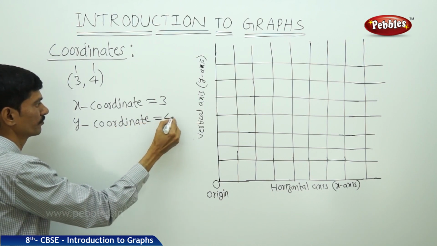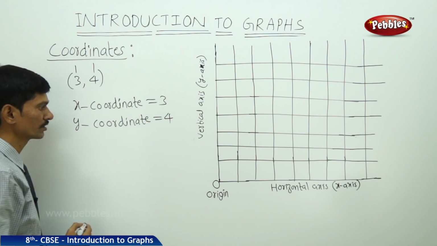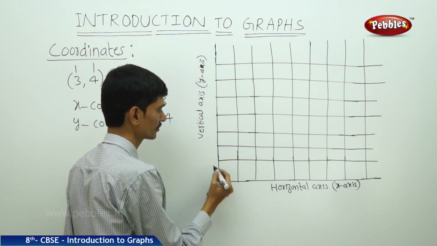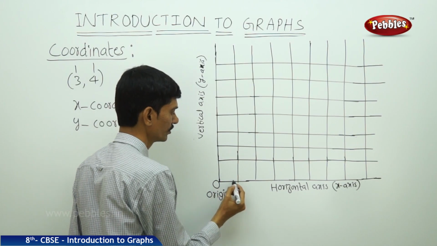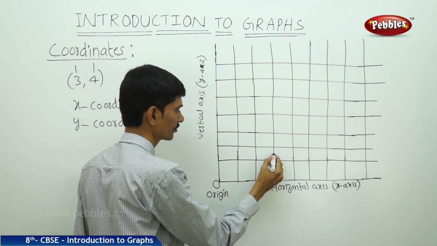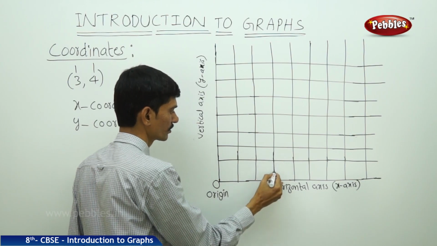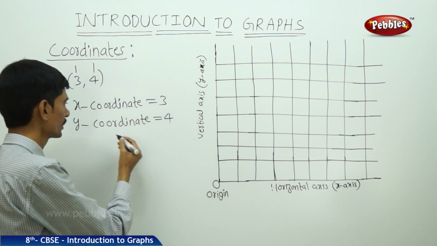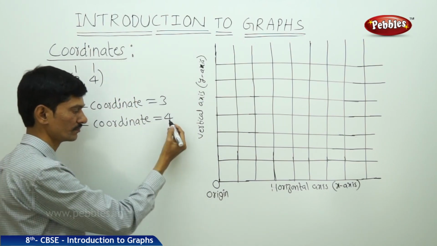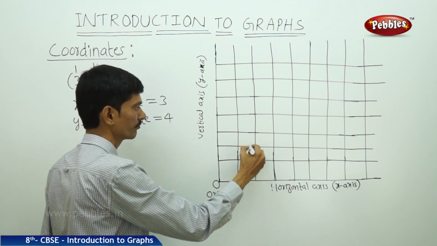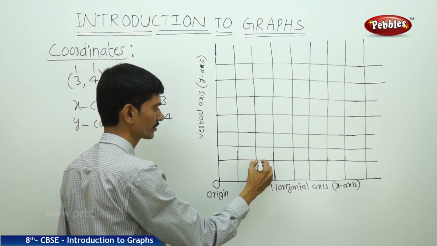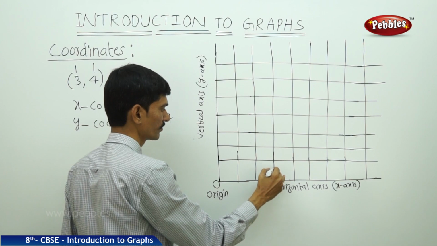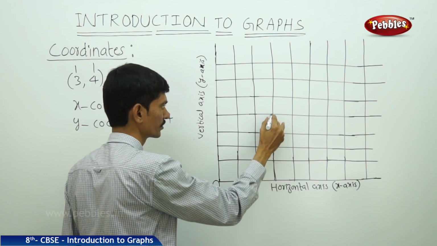So the y coordinate equals 4. First consider the x coordinate 3. Consider a point which is 3 units away from the left edge. You can take 1, 2, 3. This line represents 3 units away from the left edge, meaning from the y axis. Now consider the y coordinate 4. It represents 4 units away from the bottom axis, meaning from the horizontal axis. So if you take 4 units, 1, 2, 3, 4, this is the point.